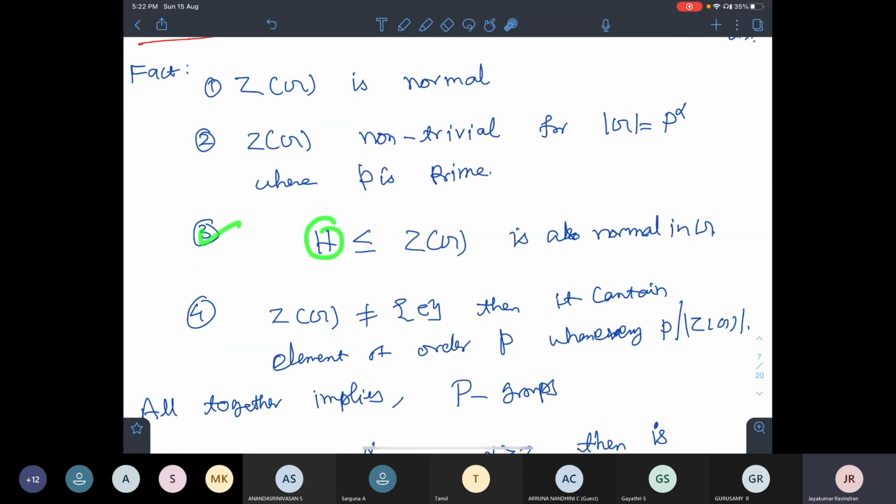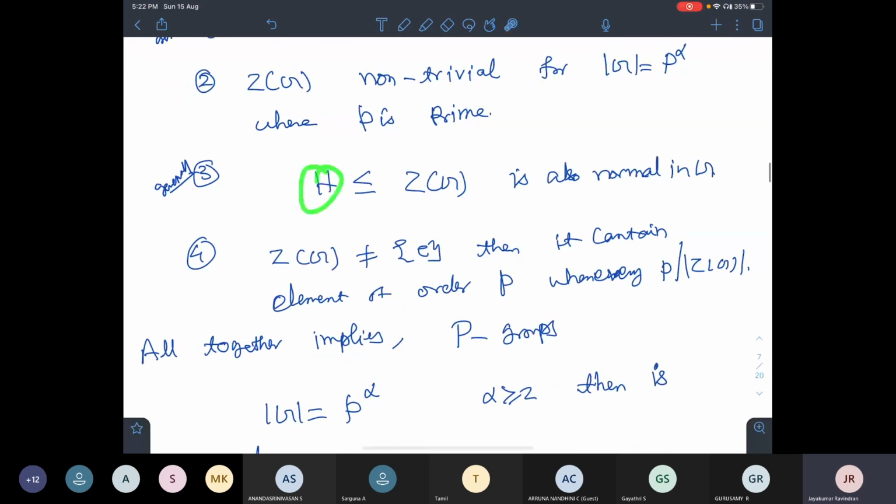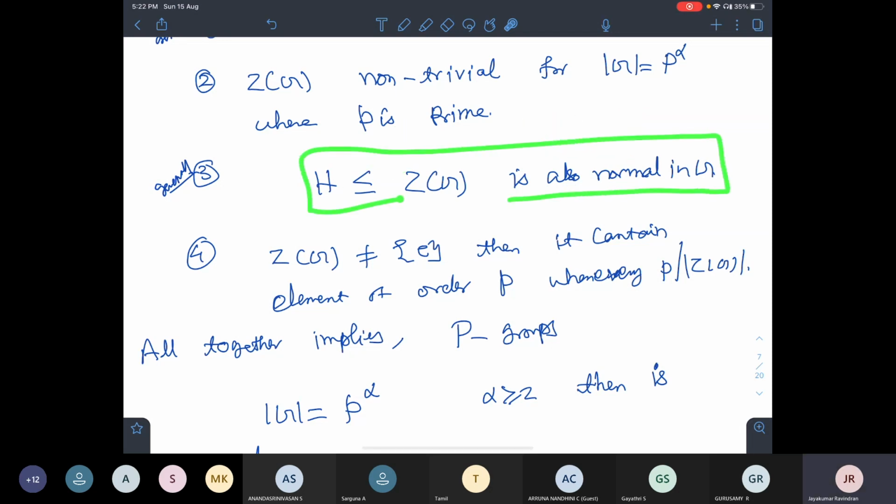And any subgroup of the center is also normal. This is generally true, whether finite or infinite, because the commutative property is there. G inverse H G is H, because of the commutative property. So any subgroup of the center is normal.